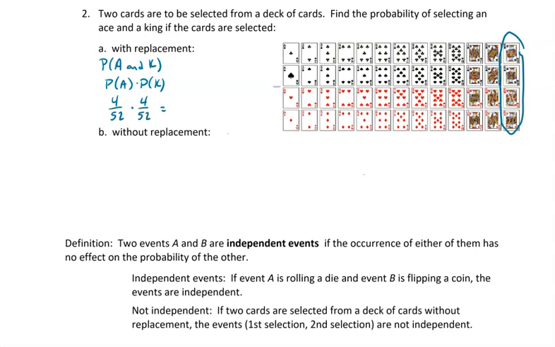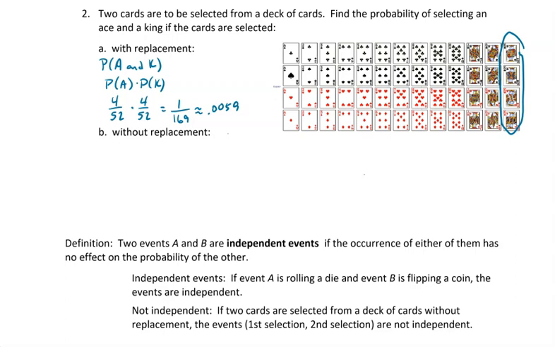So if we multiply these together and reduce the fraction, we get 1 over 169, or approximately 0.0059. Again, probabilities can be fractions or decimals. Just make sure you read the question and see which one it wants and give it the correct answer.